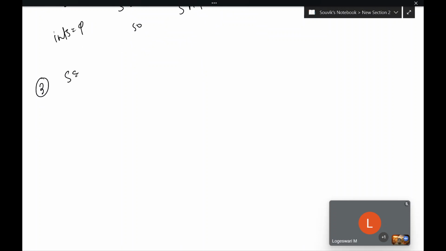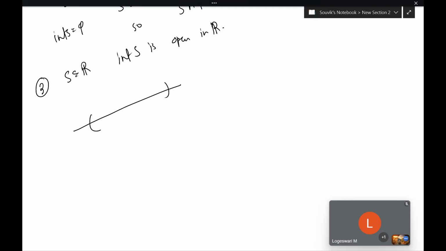For any subset S of R, the interior of S is open in R. How to show that? It is just a matter of definition.